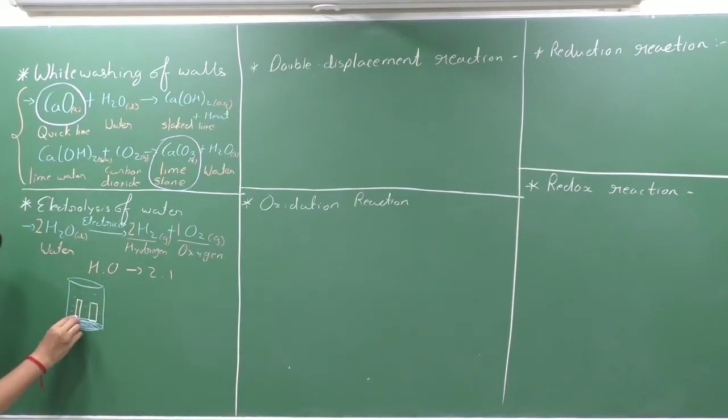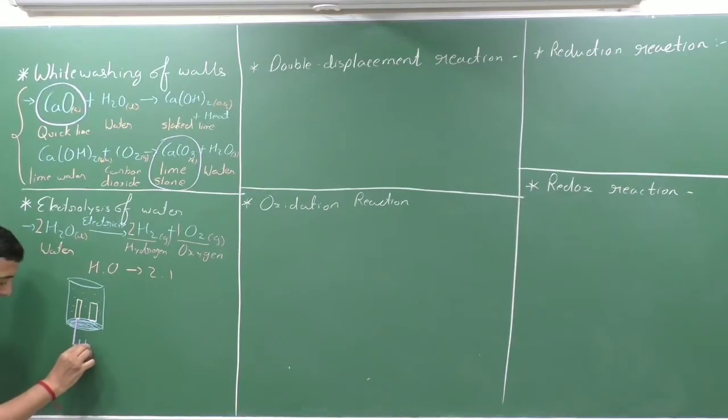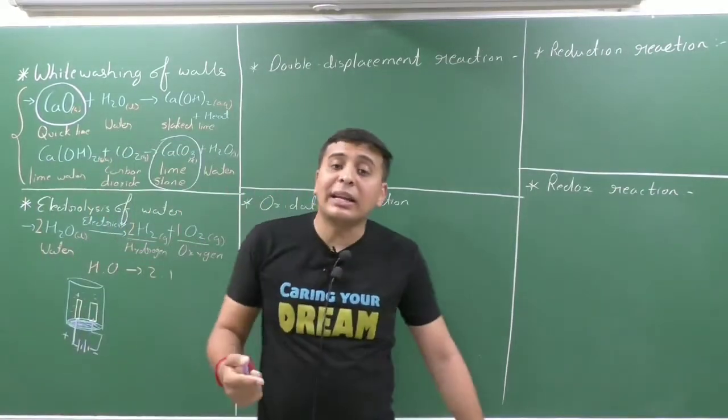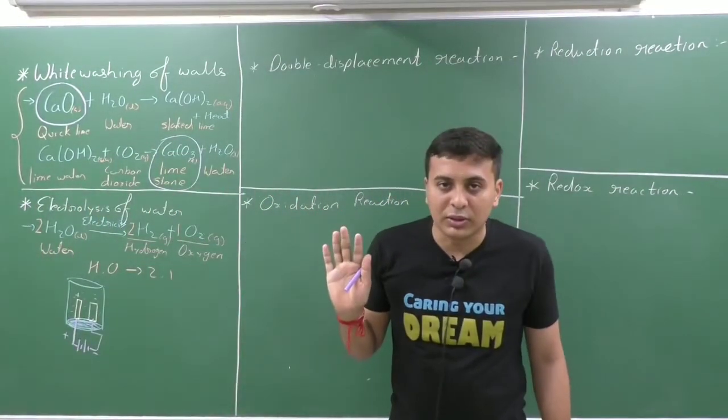Now, I am connecting the wires, and the wires are connected to the battery. See, this is a battery. So now this one is a positive wire and this one is a negative wire. So this is a positive electrode and this one is a negative electrode. So on one electrode hydrogen gas will be accumulated and on the other electrode oxygen gas will be produced.